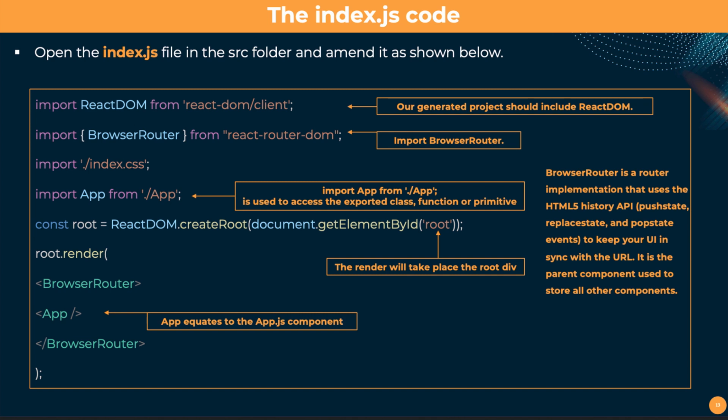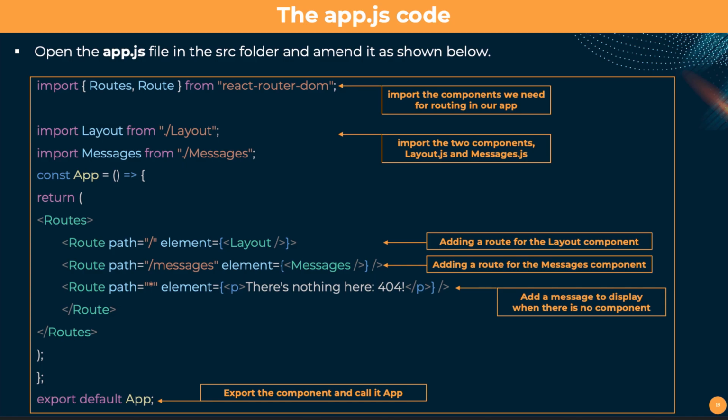So what we are going to do is we are going to import the routes and the route from the React-router-DOM, so that we can use the routing. We will then import layout, which is another component that we're going to create, so it'll be called layout.js, and we will export it as layout from /layout.